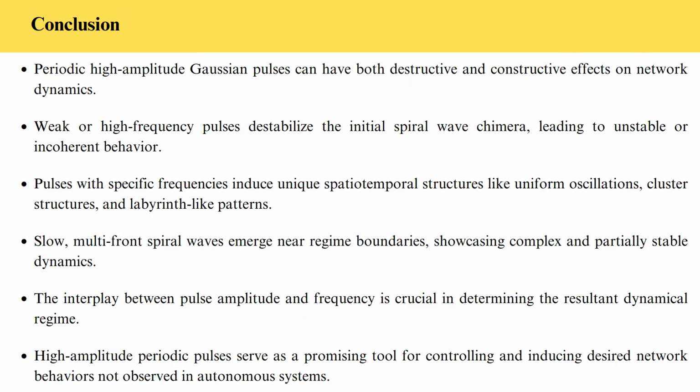Emergence of novel multi-front waves near regime boundaries highlights the complex interplay between pulse amplitude and frequency. These findings pave the way for controlling neural network behaviors, offering insights into both natural and artificial systems.